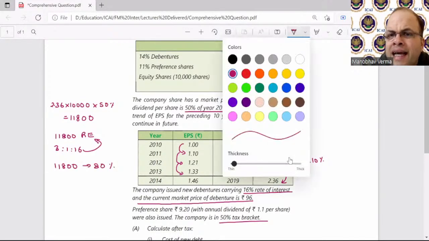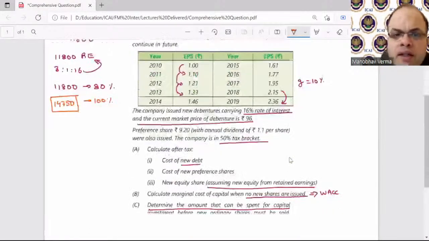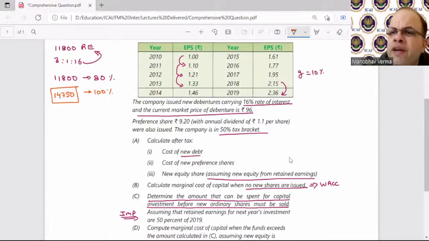In that case, what will be the 100% amount? So 11,800 is 80%, guys. That means if we have to invest 14,750, we have to start a new project of 14,750.